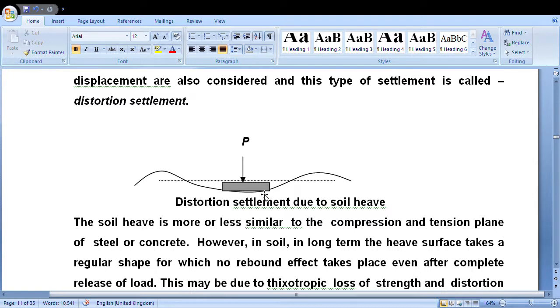This is the compression and tension plane, same as that of steel or concrete. However, in soil, in long-term the heap surface takes a regular shape, for which no rebound effect takes place even after complete release of load. Immediate settlements cannot come up. After immediate settlement, the soil is not coming up.